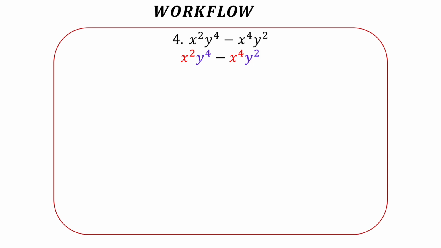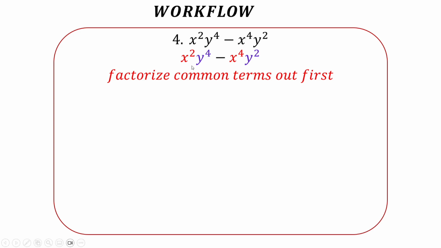What I mean by that is that for the first term we have x squared and then y to the fourth power. For the second term we have x to the fourth power and then y squared. So there are common terms we can factorize from both sides, right?